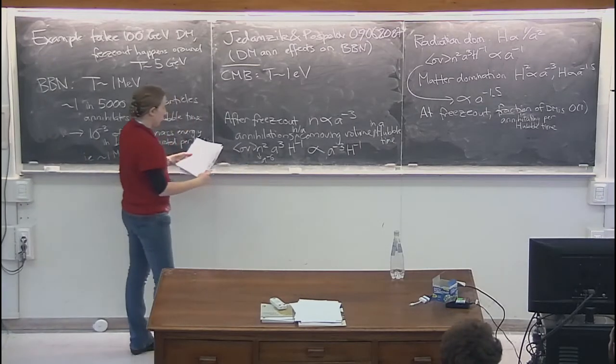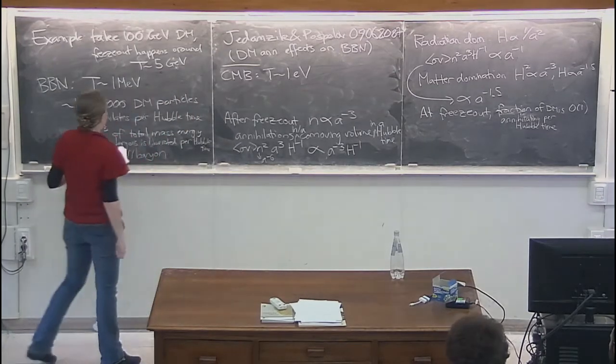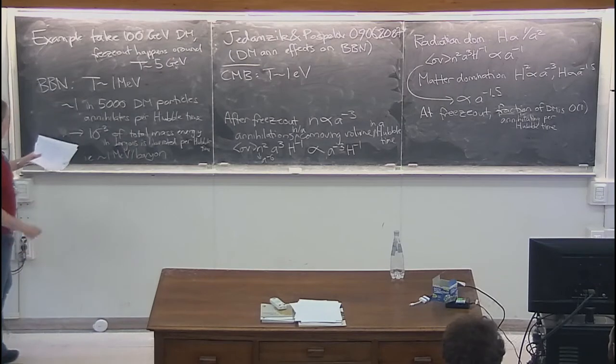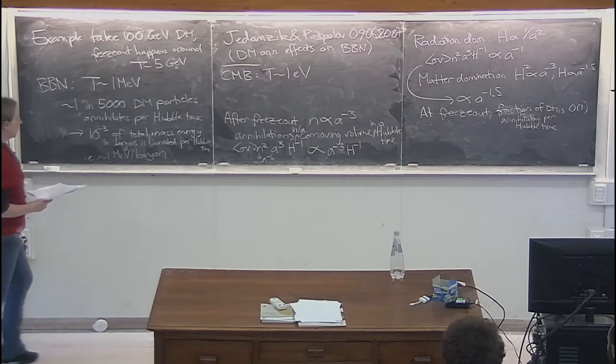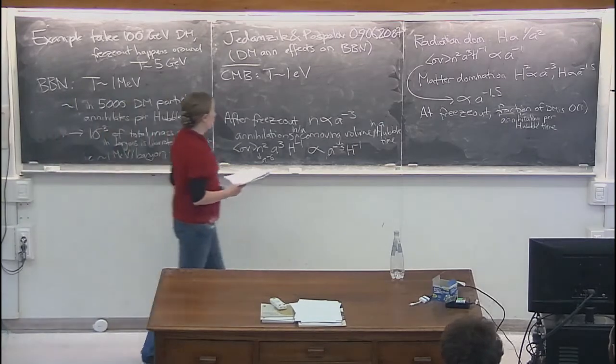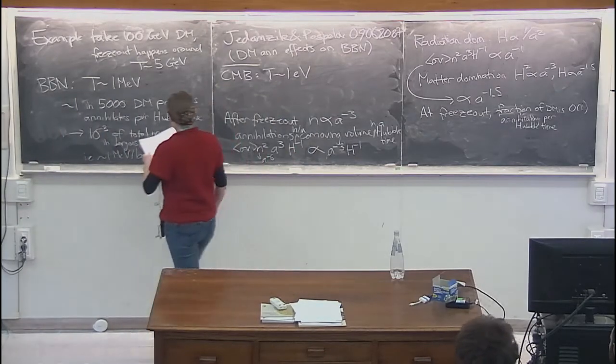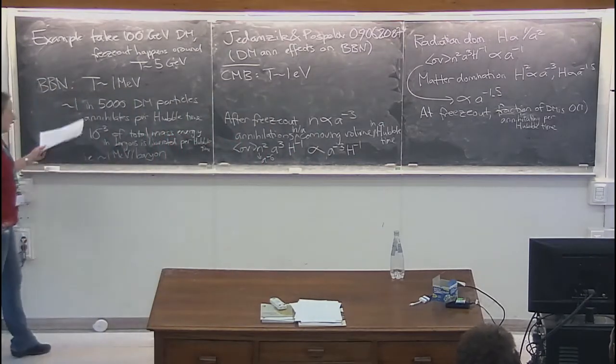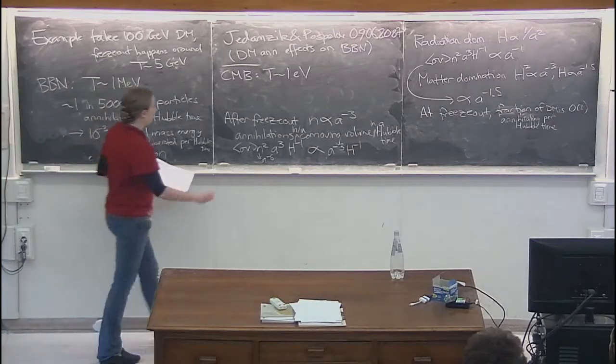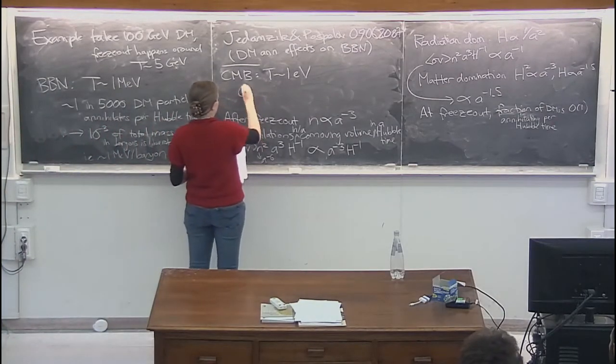So in this case, you can do the same estimate. We're going from 5 GeV down to 1 eV. So that's 5 times 10 to the minus 9.